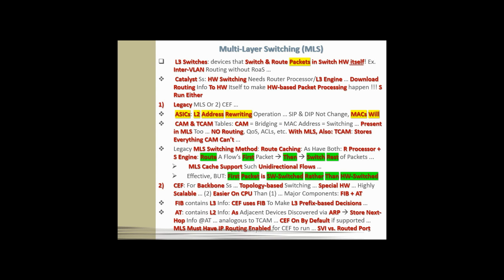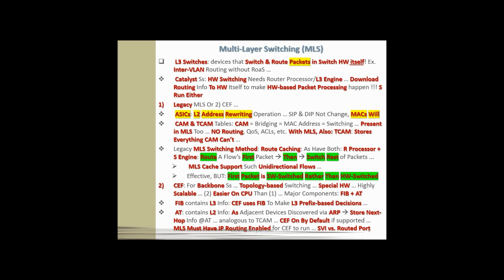So the concept of CAM tables is still present in multi-layer switching. But in addition to that, we have TCAM, or ternary content addressable memory. This is because a simple CAM table cannot handle all routing, quality of service, or access control list information.